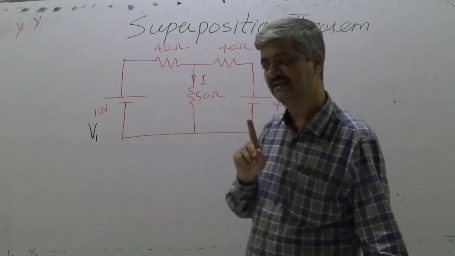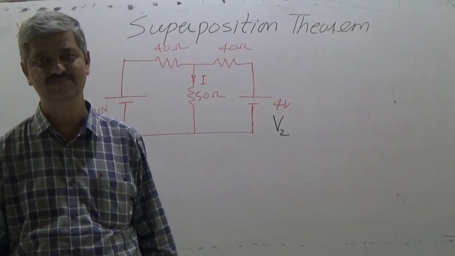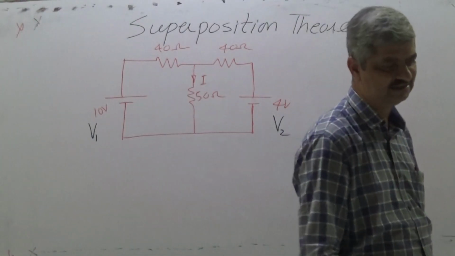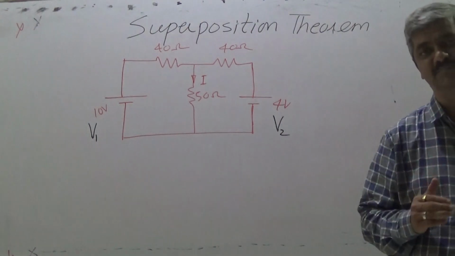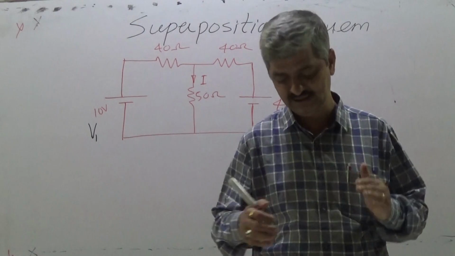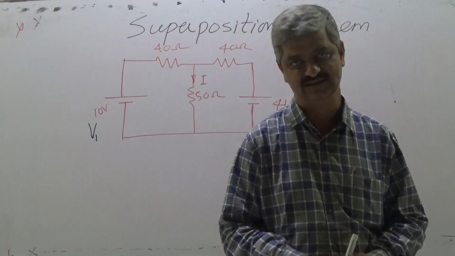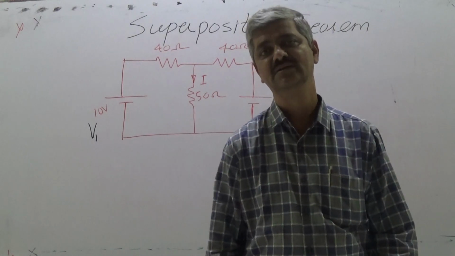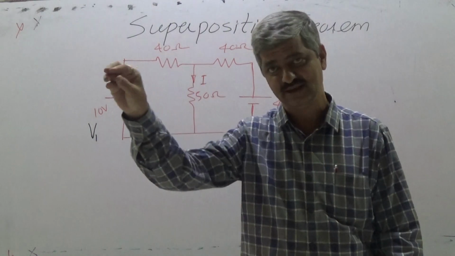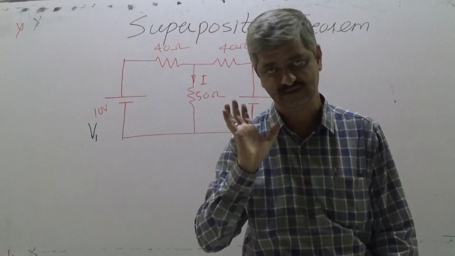I am avoiding expressing the classical definition of superposition theorem, which we will take a look at some later stage. As I have already stated in the beginning, the sequence of contents which we discuss in the class is not necessarily exactly the same as in the syllabus, but it is collected from the syllabus in such a manner that understanding becomes simpler.